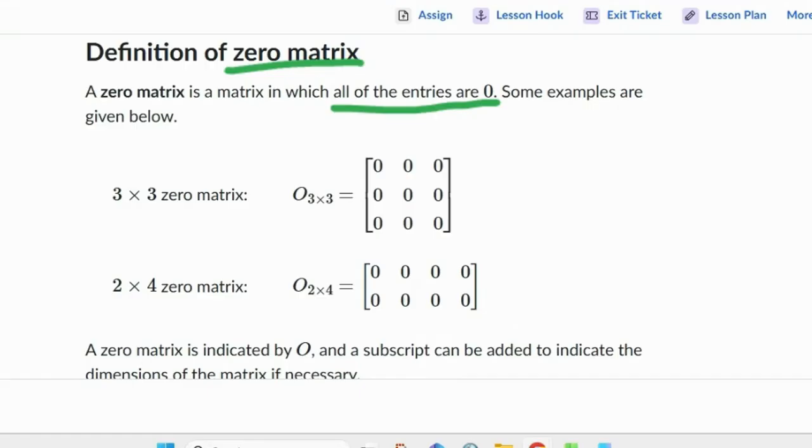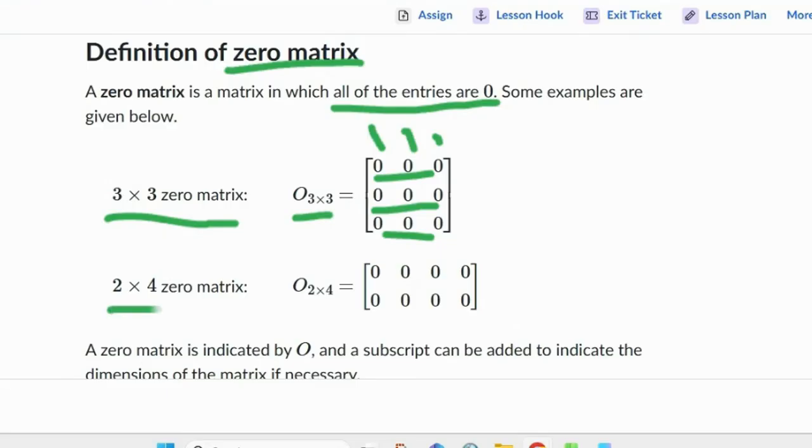Wow, Mr. Brock. This is like the duh principle of matrices, right? A 3 by 3 zero matrix, right? If we have a 3 by 3 zero matrix, we have 3 rows of zeros that all have 3 columns. It's all zeros. We label it an O instead of calling it A or B. We label it with a big O. This is an O 3x3.